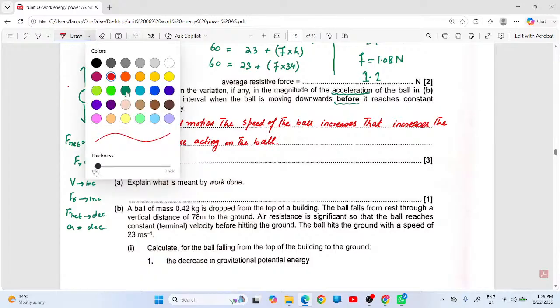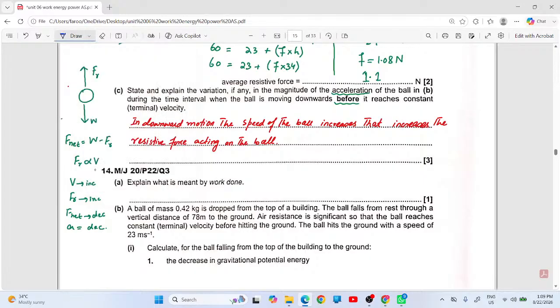As a result, the resultant force acting on the ball decreases.